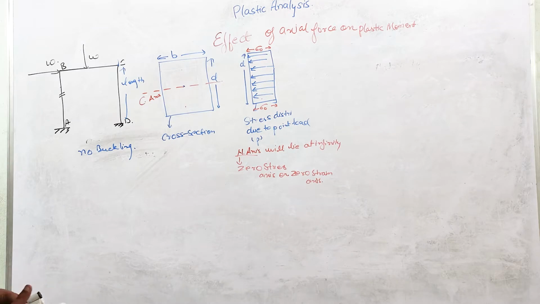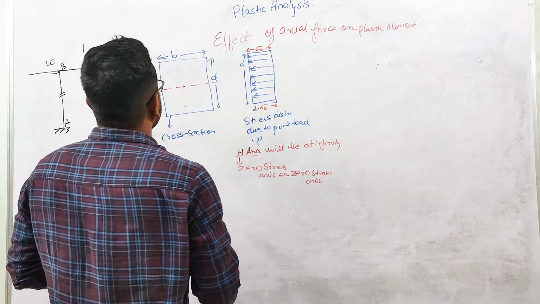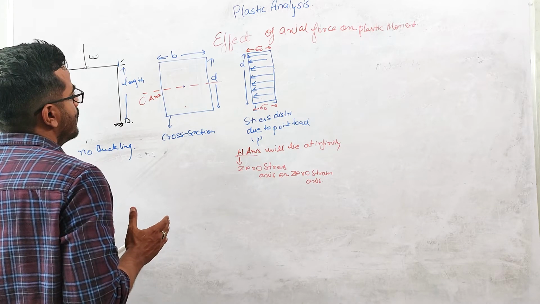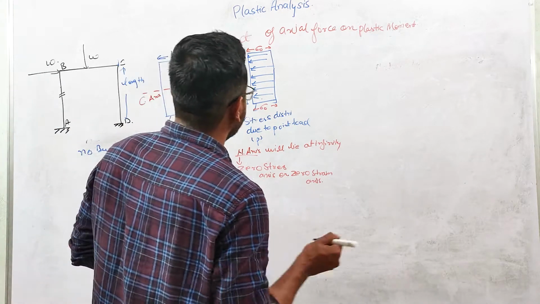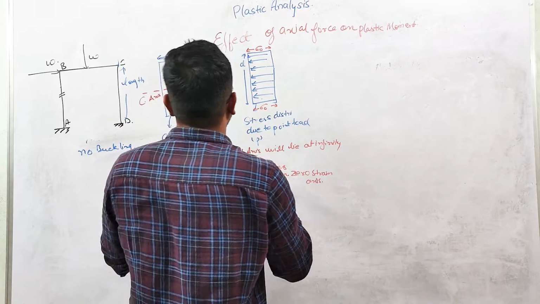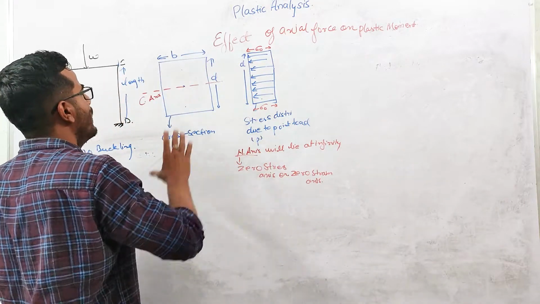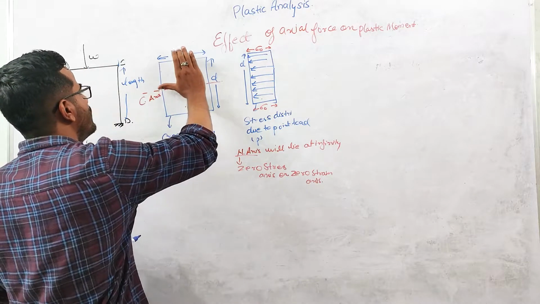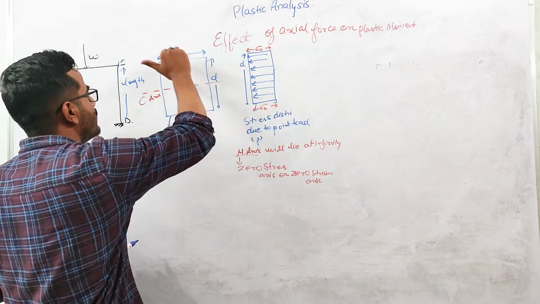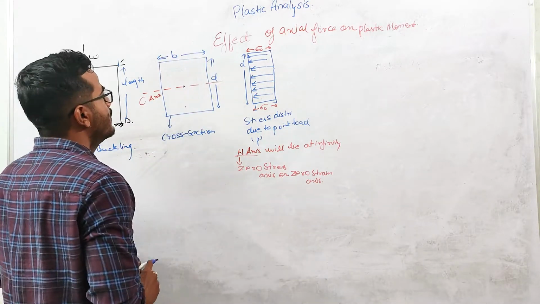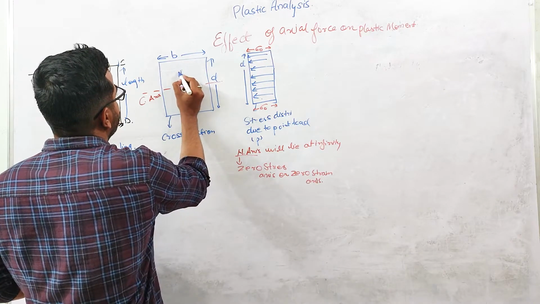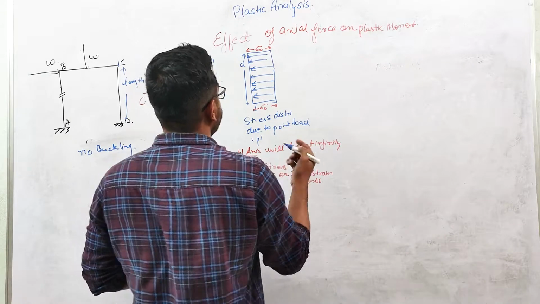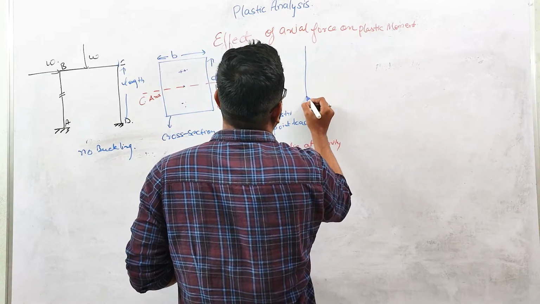Now if you give some moment in this column, the direction of the moment is along this neutral axis. The upper portion will have some compression and the lower portion tension. So now the stress diagram will be modified.